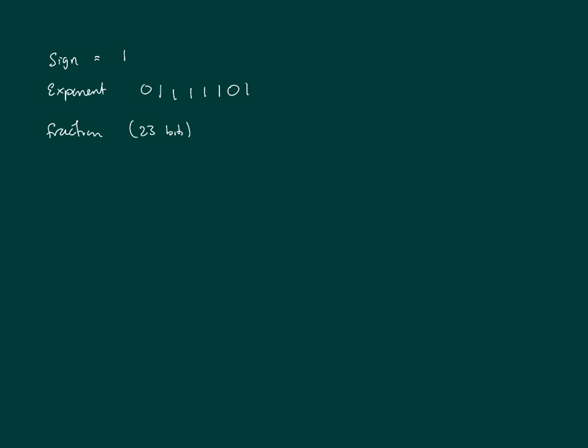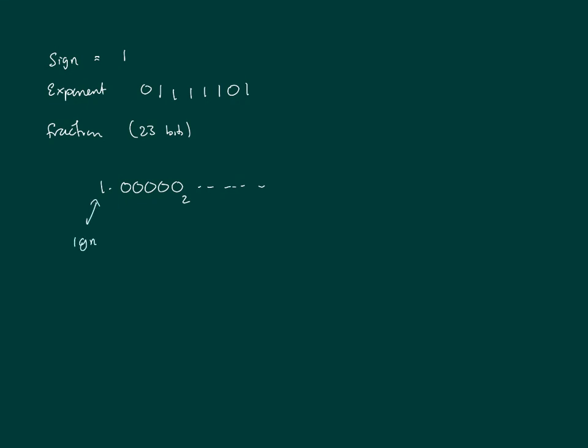Okay, so we go back to our original number that we normalized. That was 1 point, and then we had a series of zeros, and we can have an infinite number of these. That would not change the number. Okay, so for the fraction part, we write down the number that we converted into binary.